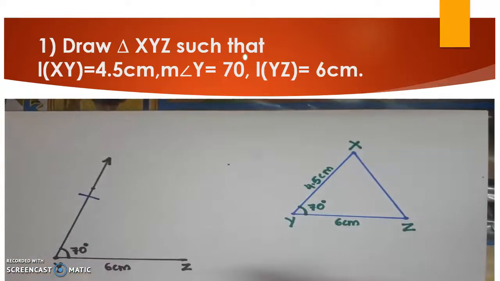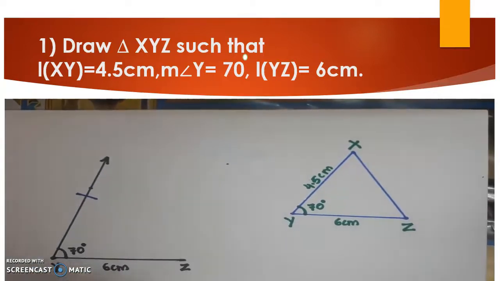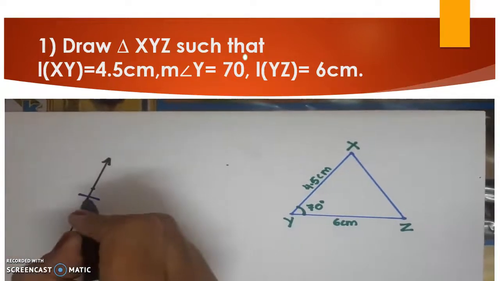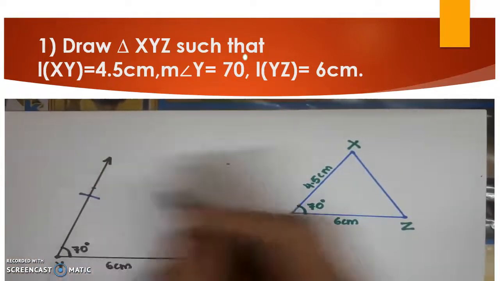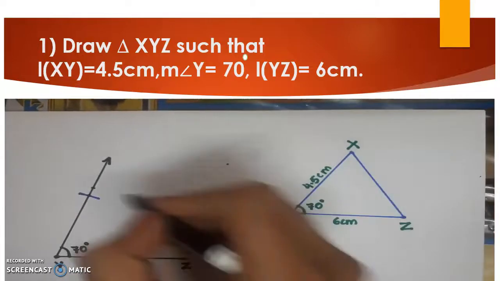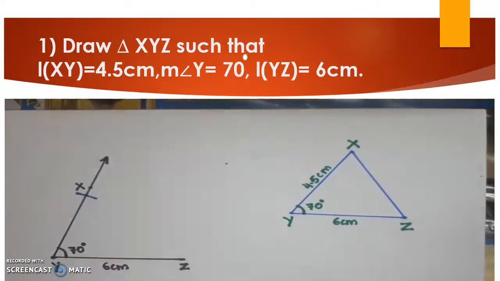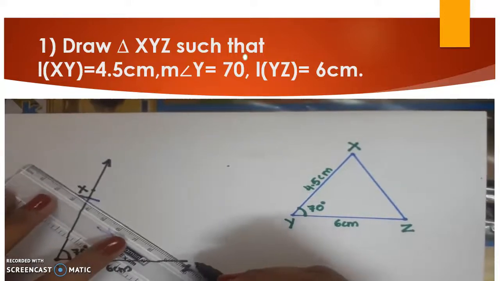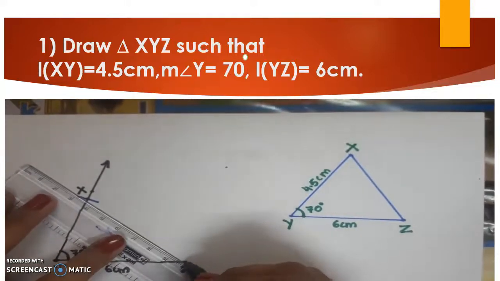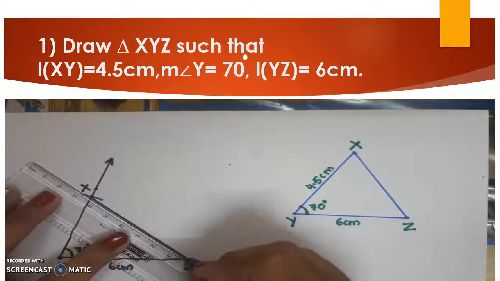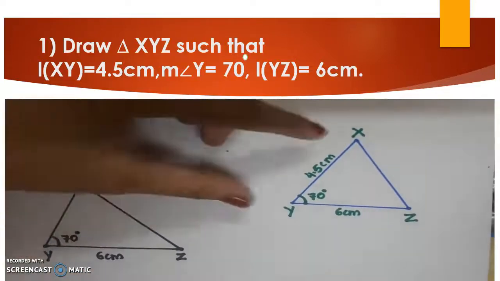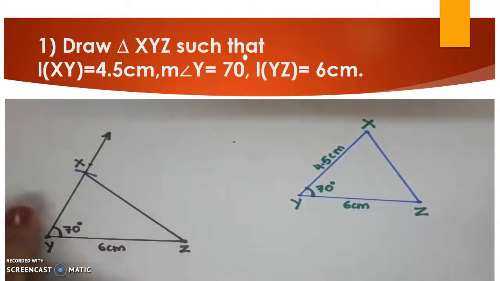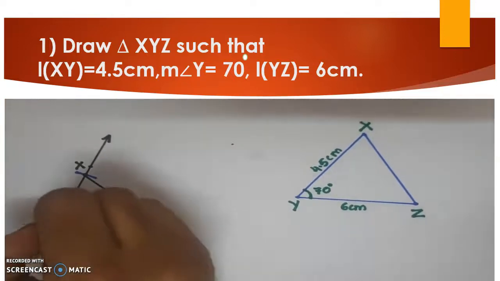Now where the arc has intersected the arm of this ray, this point is nothing but point X. So I will give the name X. Now this point we will join with point Z. Now we know XY we have drawn 4.5 centimeters, so here we will write 4.5 centimeter.